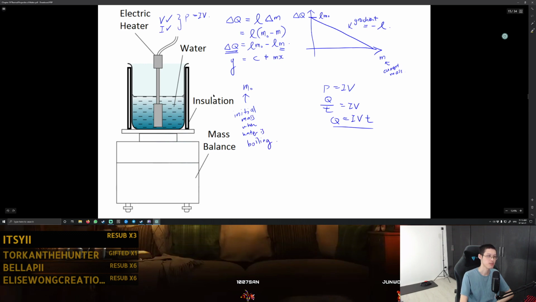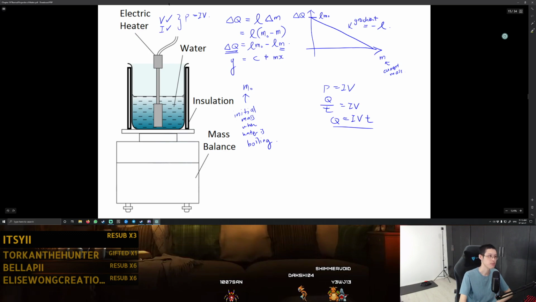Don't measure it before it's boiling, because you're trying to find the specific latent heat, which is the energy required to change the state of a substance without a change in temperature. So you have to make sure it boils first.